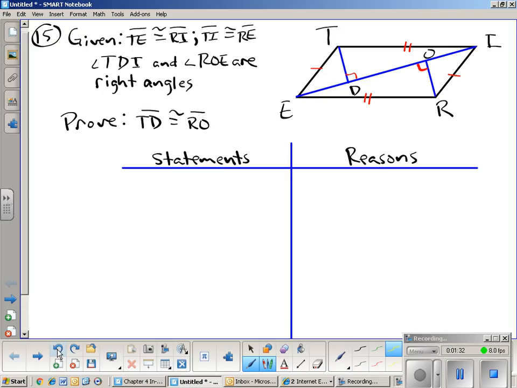Segment TE and segment RI are congruent, and segment TI and segment RE are congruent. So these two are in what triangle?